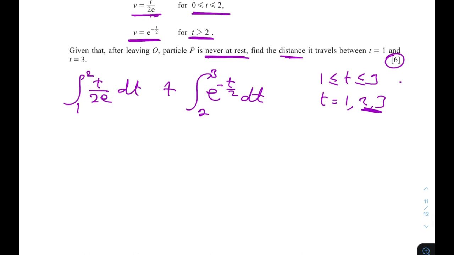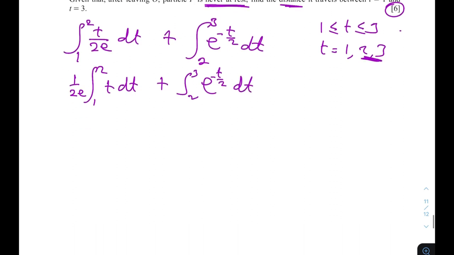Remember that 1 over 2e is a constant, so you can just take it out, then you have the integral from 1 to 2 of t dt. Then this part becomes the integral from 2 to 3; let me just maintain it and I'll integrate it later. So let's now start the integration.